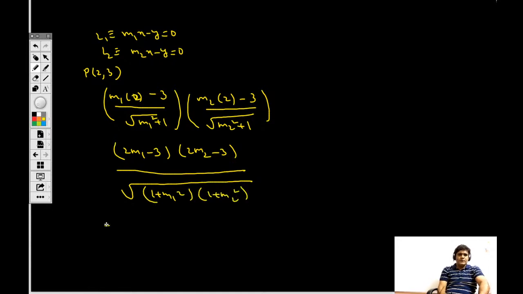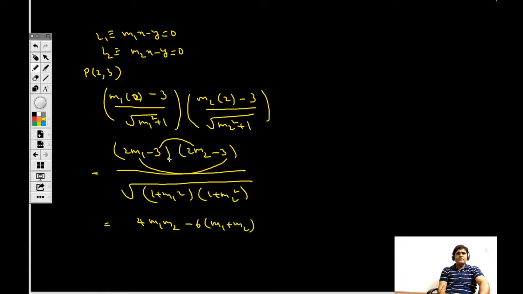So this equals 2m1 into 2m2, that is 4m1 m2, minus 6m1 minus 6m2, that is minus 6 times m1 plus m2.